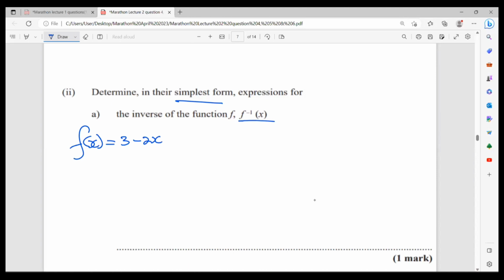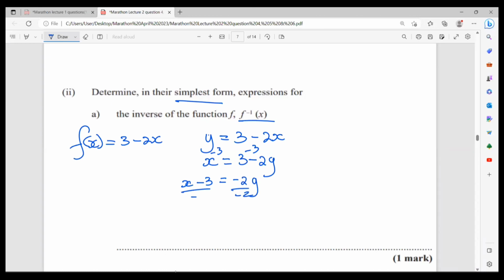Same procedure. You need to start off with y equals the function, always. Then you switch x and y. And then now you start transposing so the y is alone. So you want to get rid of that so that it appears on the other side. And then you divide by your -2 so that the y is alone. So you would end up with this.